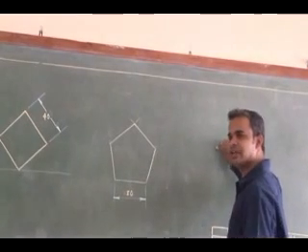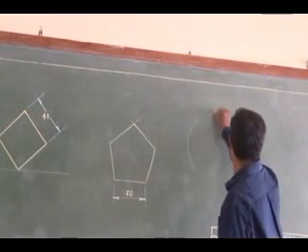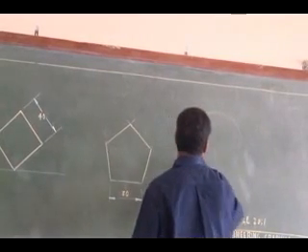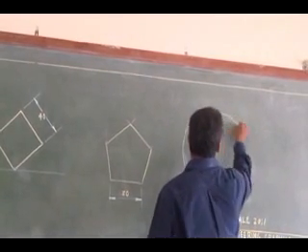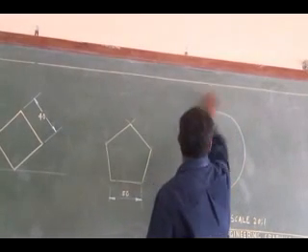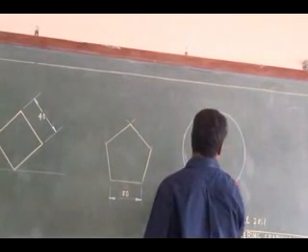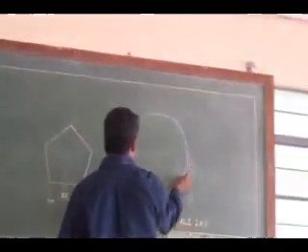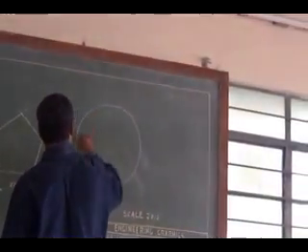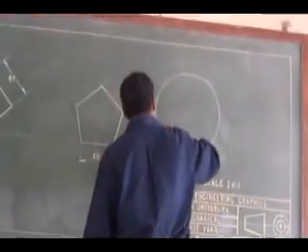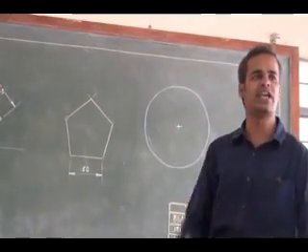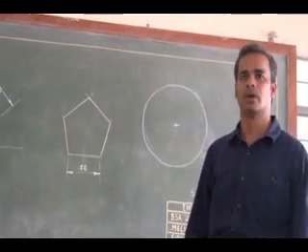I am measuring a 30 mm radius, so I am drawing a circle of radius 30 mm. This is my center. The radius is 30, equal to the side of the hexagon.